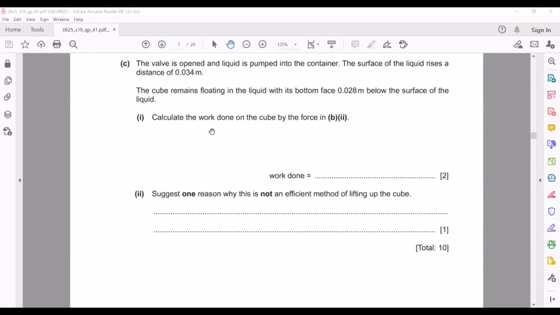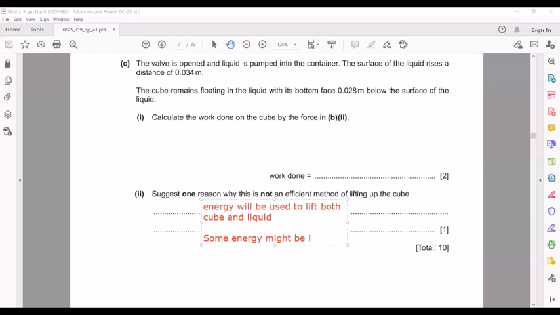So why will this method not be efficient? Because the energy will be used to lift both the cube and the liquid, or some energy might be lost due to friction between the liquid and the pipe.